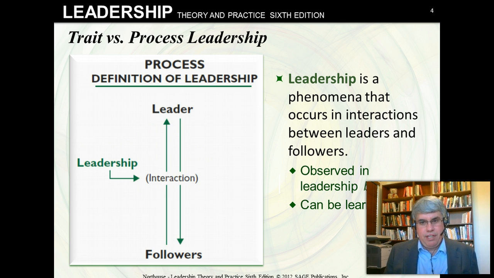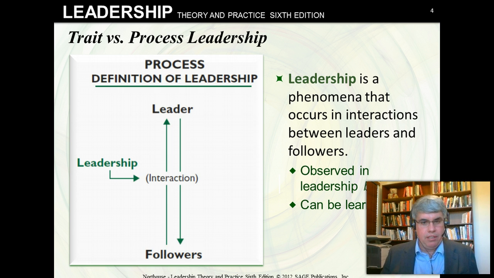In process leadership, you look at leadership not as a set of traits that the leader has, but rather as a phenomenon that occurs in the interactions between leaders and followers. And so leadership is something that occurs in the interactions.